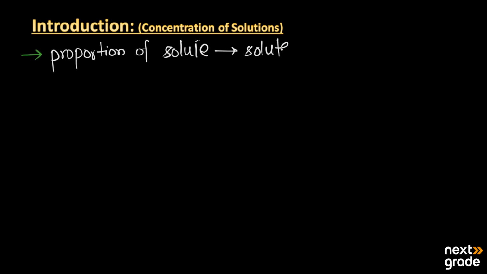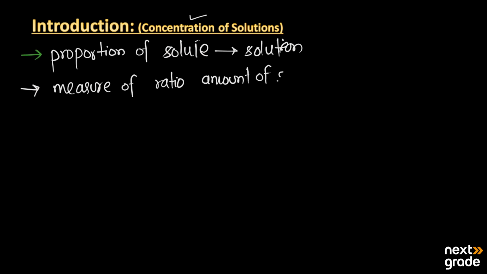It is called the concentration of the solution, or by definition we can also say it is the measure of the ratio, basically the ratio of the amount of solute to the amount of solvent.